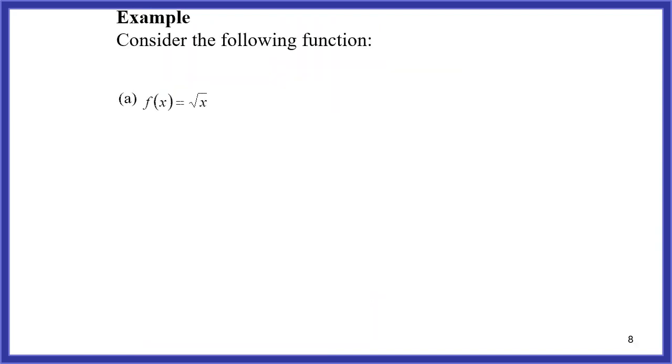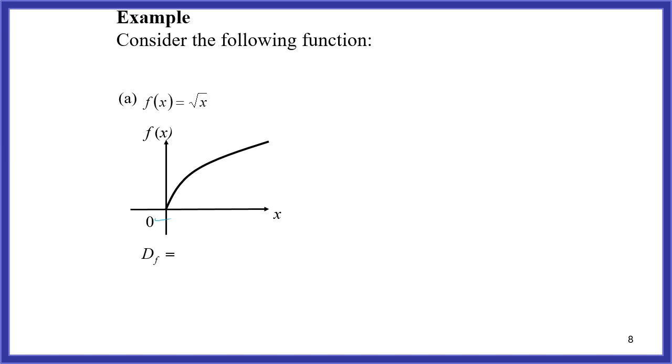So consider the following function, f(x) equals square root of x. So this is our graph. Okay, and then what is the domain for this graph? How to sketch the graph, later we'll see. So we have the domain here.